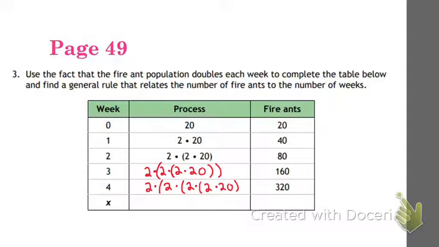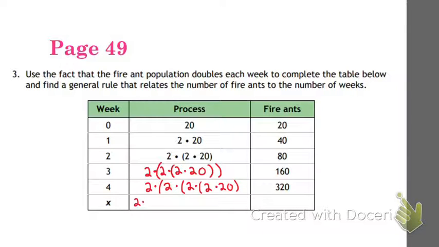So we have a bunch of 2s, and then the last one, x amount of weeks. That's an unknown amount. So I'm going to write it out as much as I can first, and then we're going to talk about an easier way to show it. So here's how I'm going to write it.